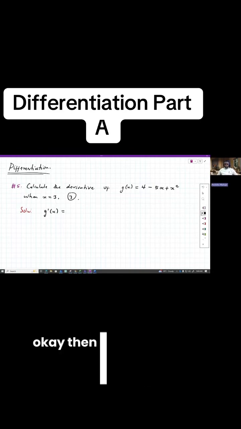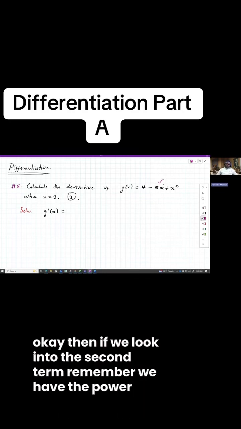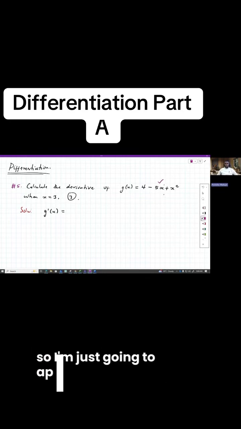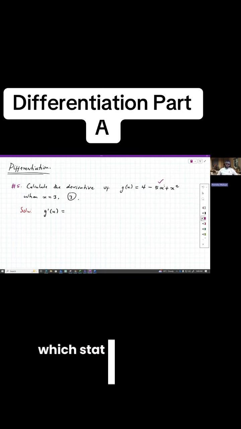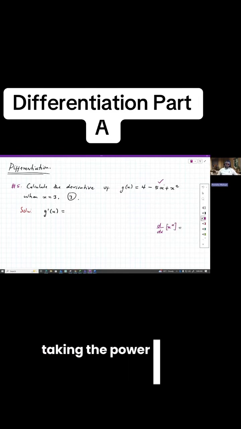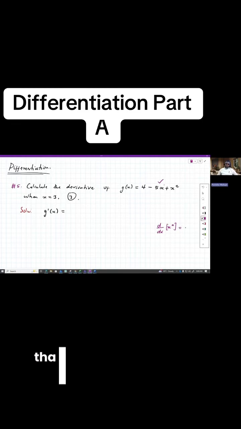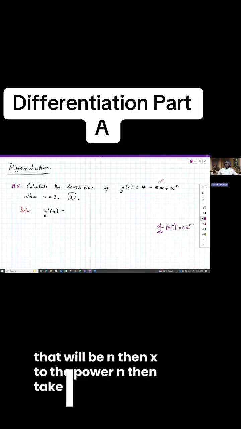Okay, then if we look into the second term, remember we have the power 1 here. So I'm just going to apply the normal power rule, which states that the derivative of a power function is nothing but taking the power, multiplying the coefficient of the variable, that will be n, then x to the power of n minus 1.